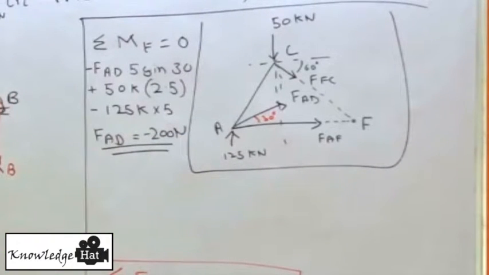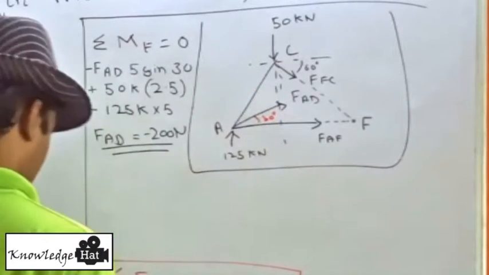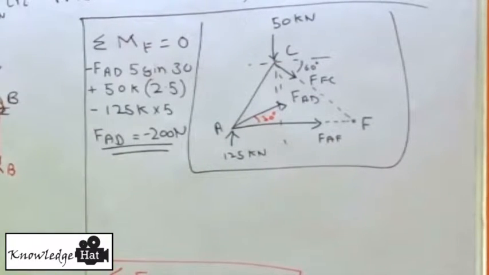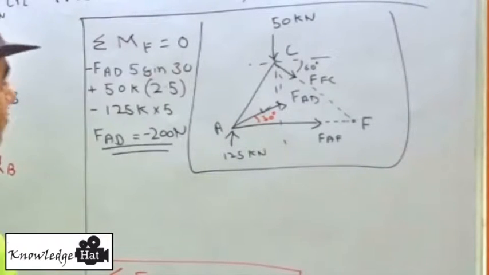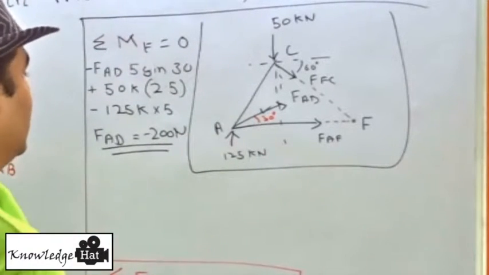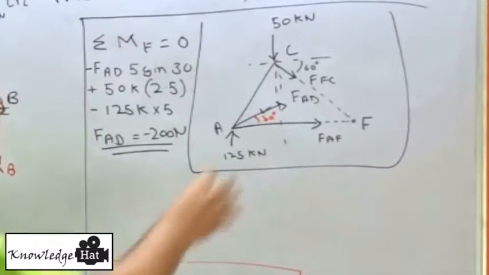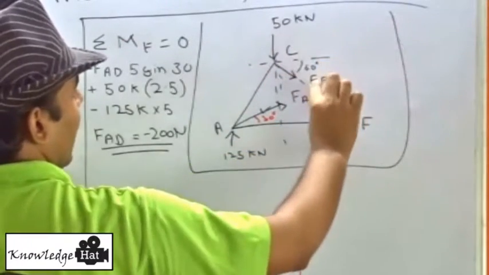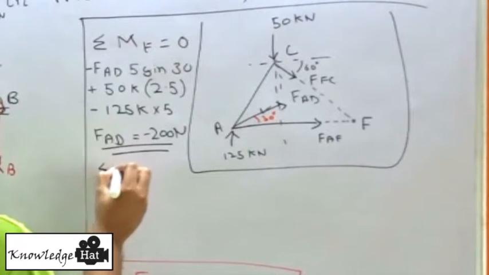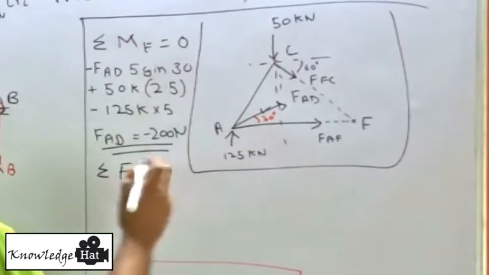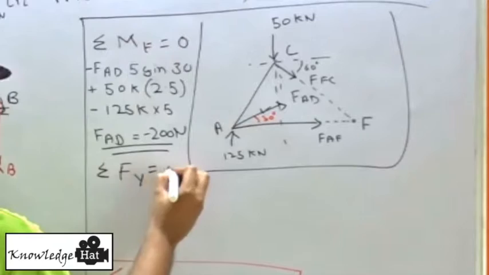In the same manner, now we have AD with us, so we just mark it. There's only one force in horizontal direction which is unknown, and that is force FC. So that will be our next thing. We will go for vertical forces, summation of Fy equal to 0.